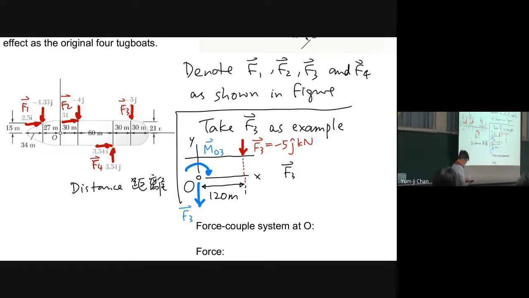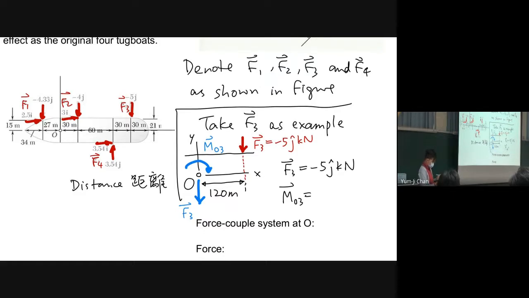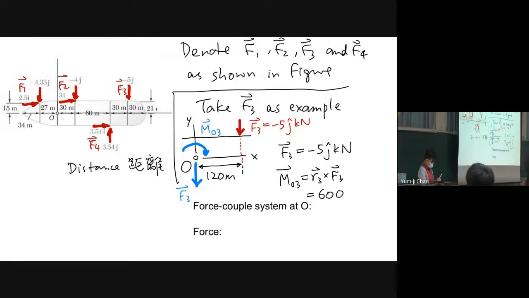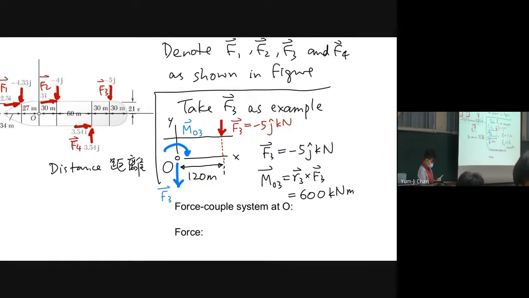F3, the magnitude is the same, so F3 is equal to 5J kilonewton, and MO3 is equal to R3 cross F3, which equals 600 kilonewton meter. It goes clockwise. Sorry. Then okay.